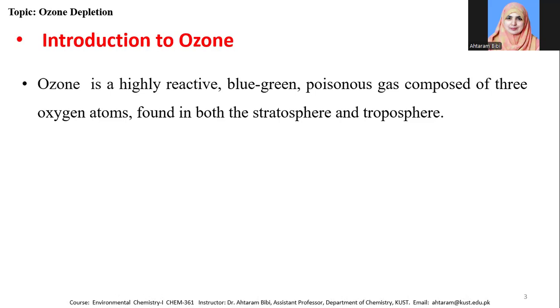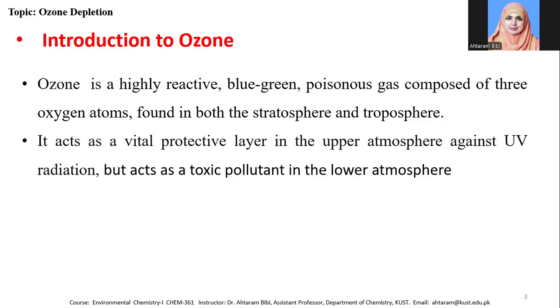The stratospheric ozone is known as good ozone because it blocks most of the toxic solar radiation from reaching the troposphere, while the tropospheric ozone is known as bad ozone because it causes many types of diseases in humans, including headache, nausea, cancer, etc.